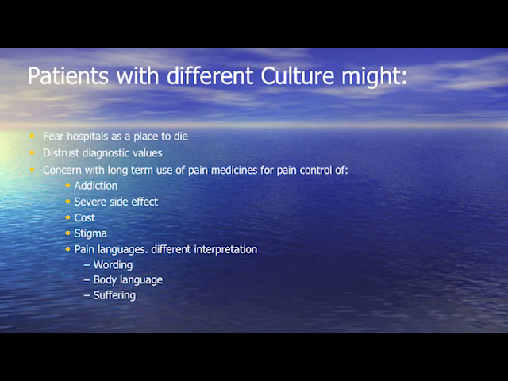They have a lot of doubt about the diagnostic value of X-rays, MRIs, lab tests. They don't care about that. A lot of people, especially the first generation or older people, they look at it this way. And the concern about taking a pain medication for pain, that it might be addictive, might have side effects, might be a problem. There's another barrier.